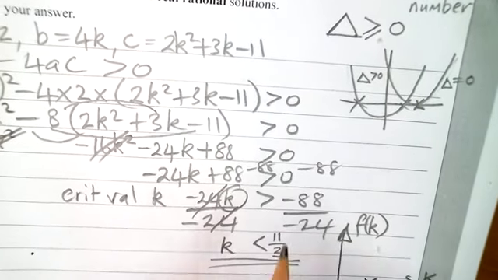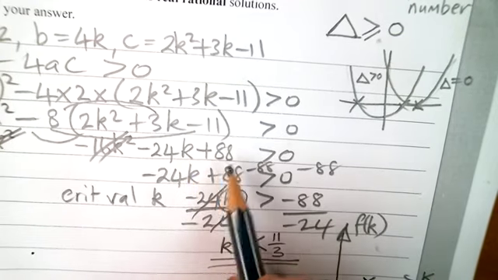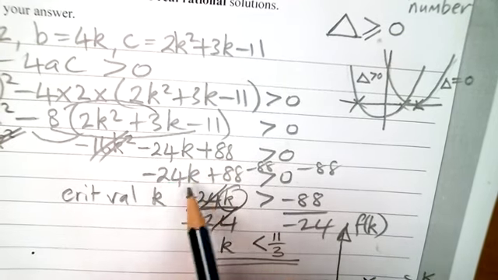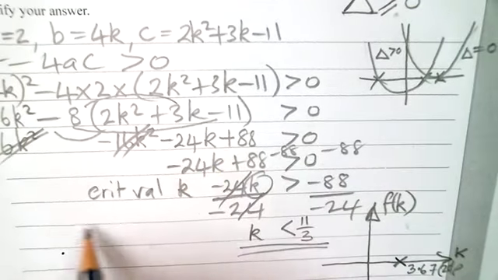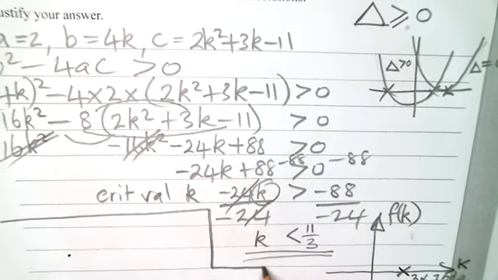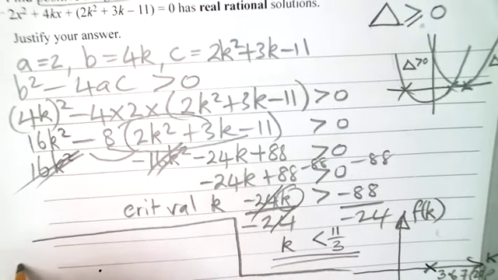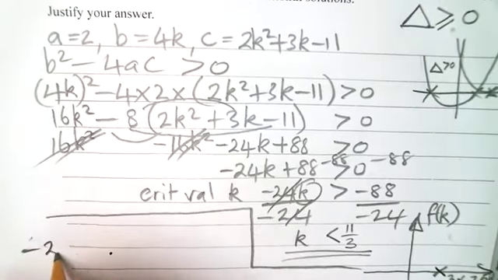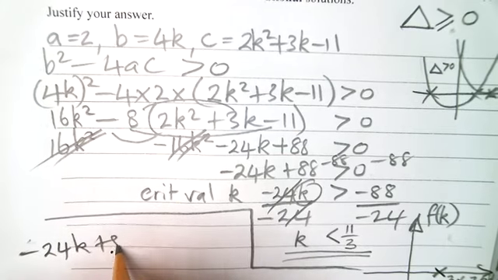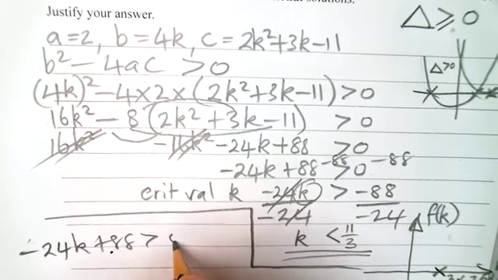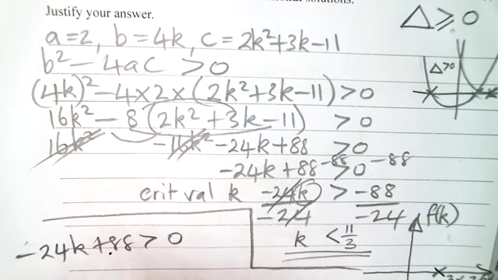So I'm going to take this thing here, and I want to find where this is true. So let's have a look at that. I've got negative 24k plus 88 is greater than 0. So we're going to try some numbers.